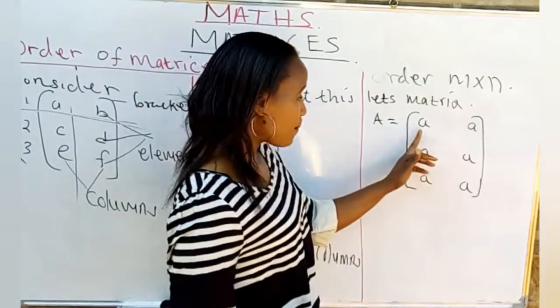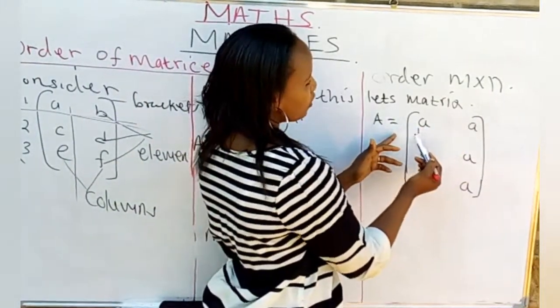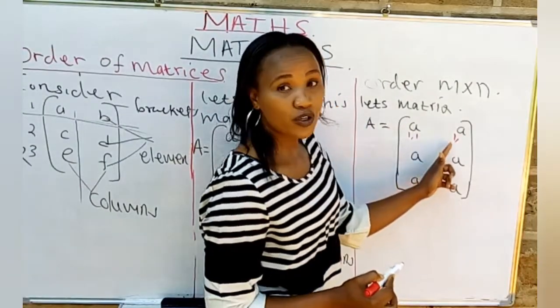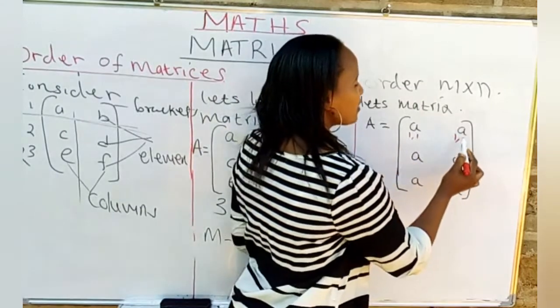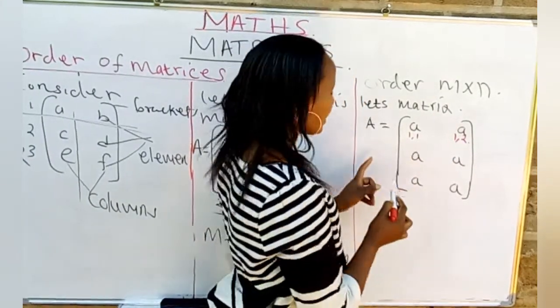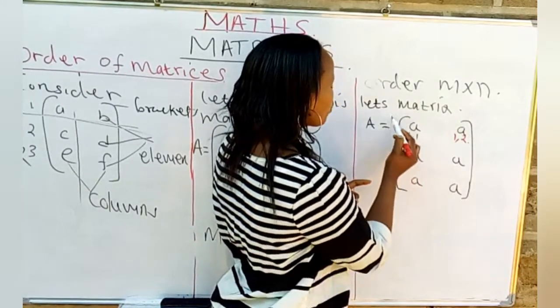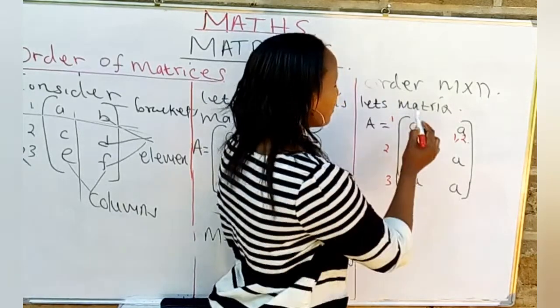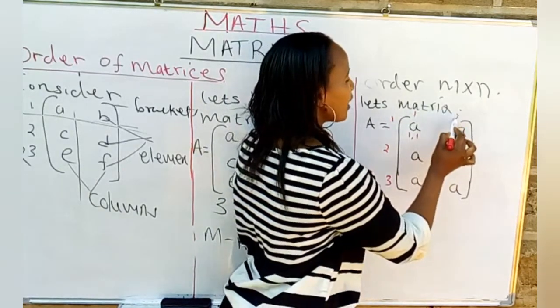Now this element is in the first row and first column. This element is also in the first row but in the second column. This other element is now in the second row, because this was the first row, second row, and this is the third row. This is the first column and the second column.